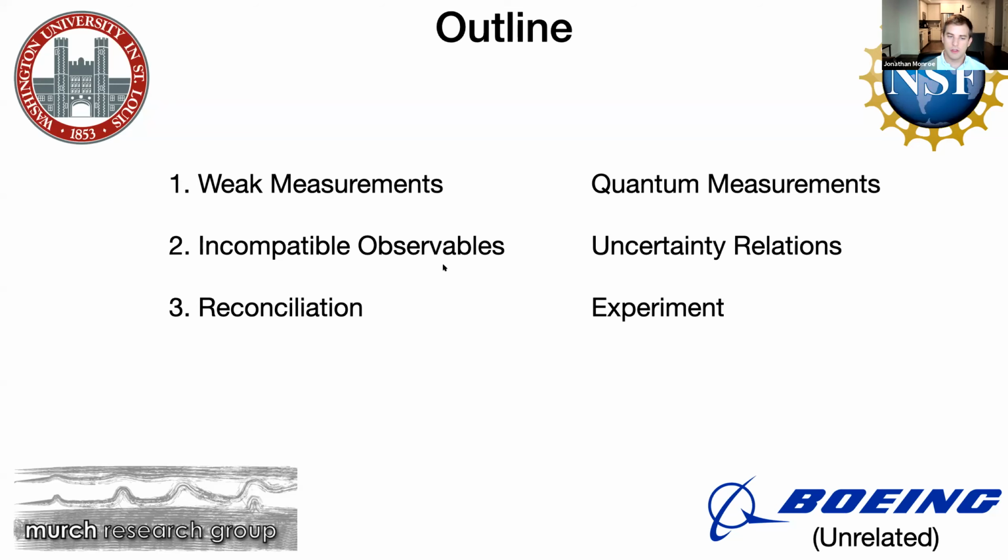And then I'll talk about the incompatible nature of some observables, especially quantified by uncertainty relations, Heisenberg uncertainty, other kinds of uncertainty. Then finally, I'll get to the good stuff, describing how we've been able to reconcile two otherwise incompatible observables, and that'll be the experiment that I detail.